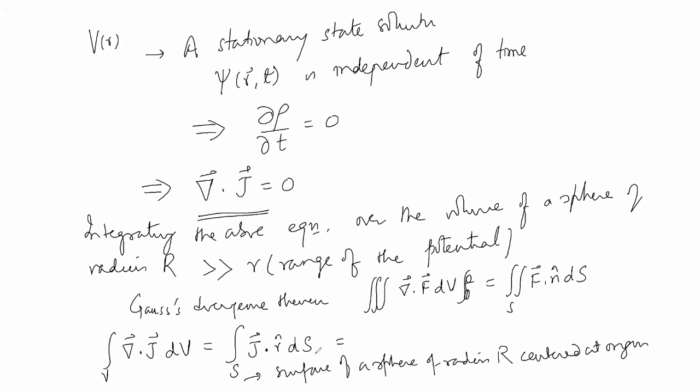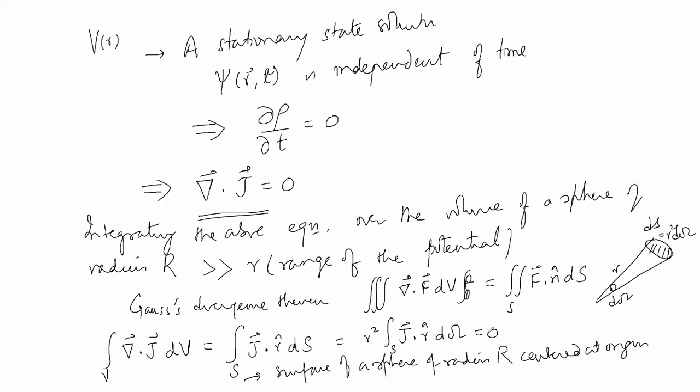And this can be further written as, we are talking about a solid angle d omega. This dS is r square d omega. Therefore, we can write this as r square J dot r d omega. This must be equal to 0. Okay.